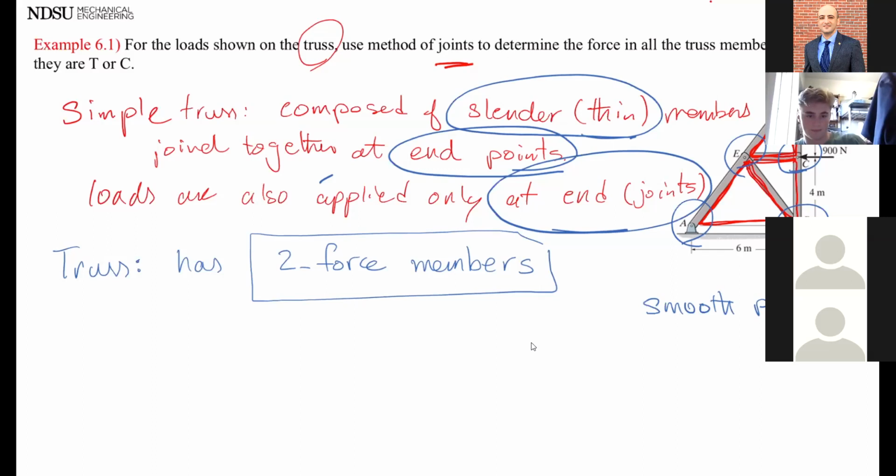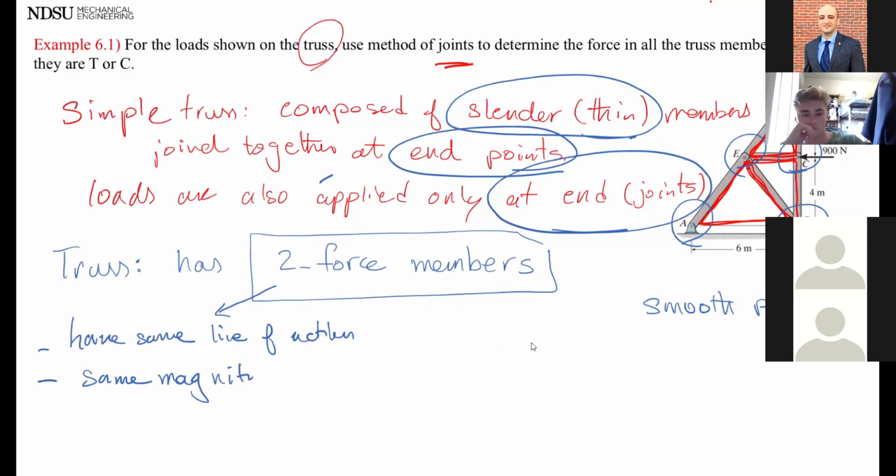A 2 force member obviously has 2 forces on it, but the forces have the same line of action. They also have the same magnitude and opposite direction.